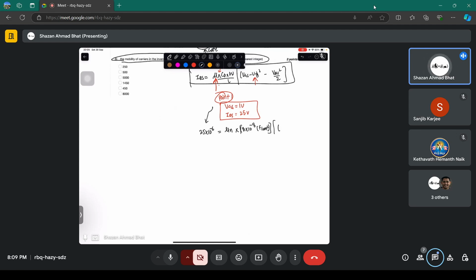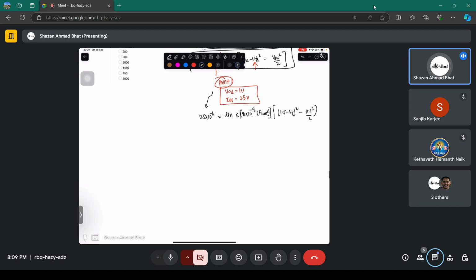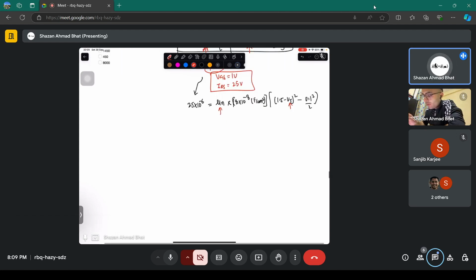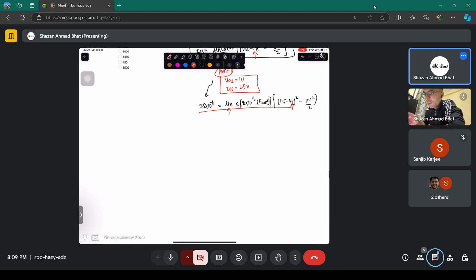And VGS minus VT is 1.5 minus Vthreshold, squared, minus 0.1 squared, divided by 2. Now this is unknown, this is unknown. When you solve this equation, you get an equation in terms of mu n and Vt: 250 divided by mu n is equal to 0.2 minus 0.2 times Vt. This is equation 1.